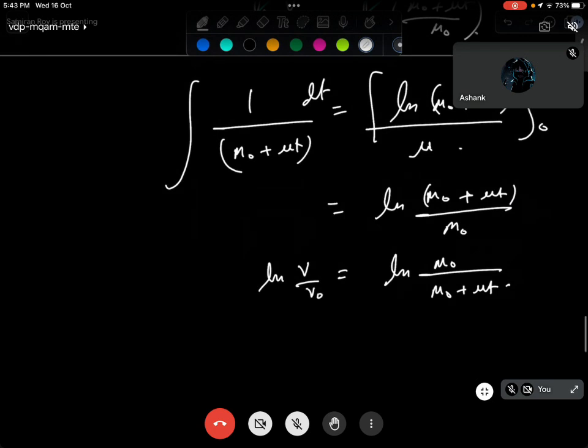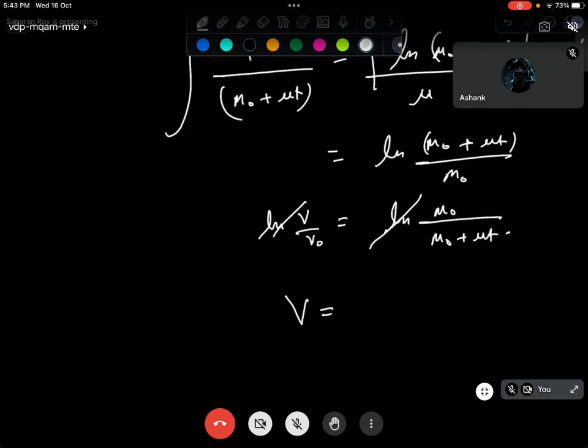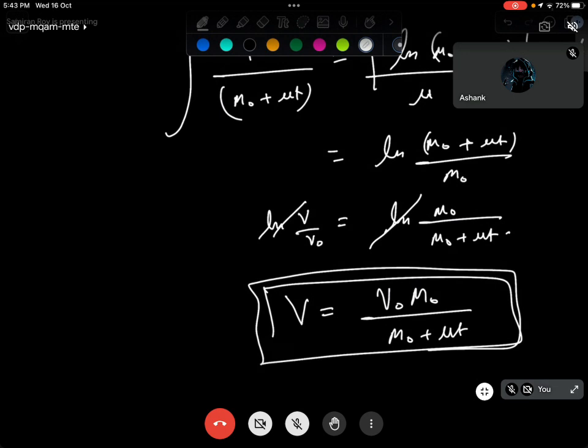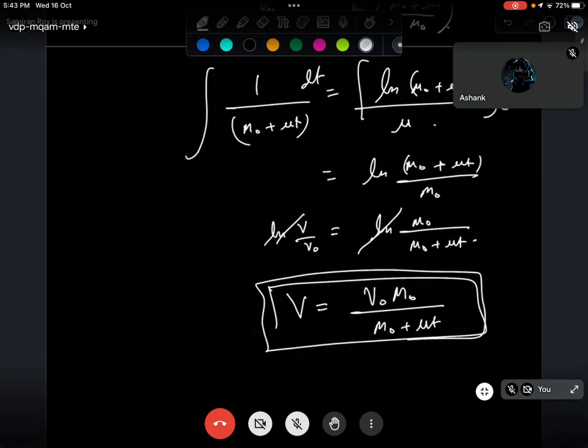Now ln cancels, and you get v equals v0 m0 by m0 plus mu t. So this is the velocity of the cart at any time t. Clear?